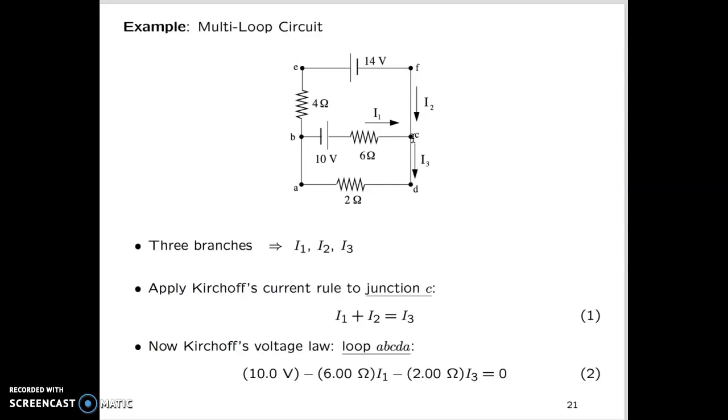Okay. So the first thing to do is we identify 3 separate branches, and we therefore put in 3 different currents. I'll label them I1.